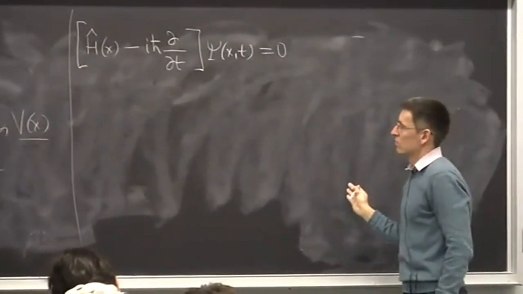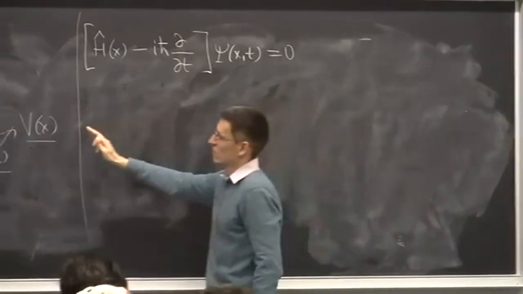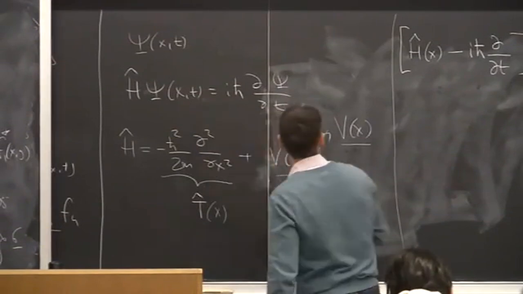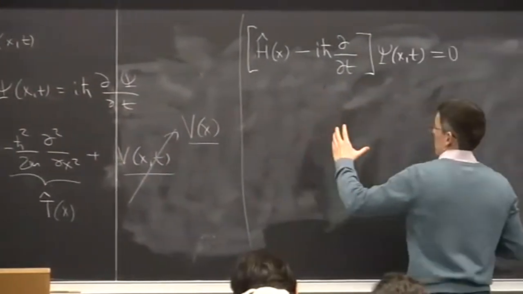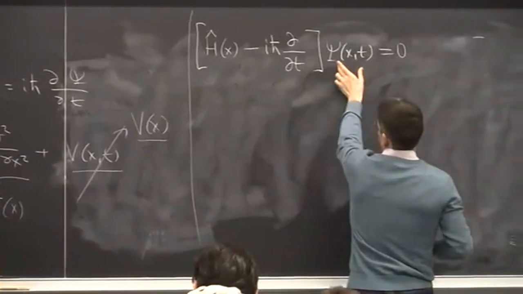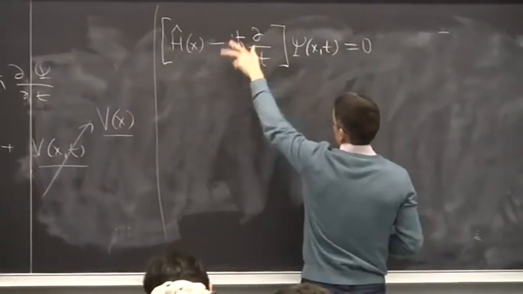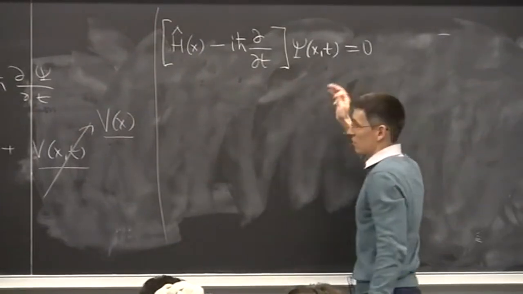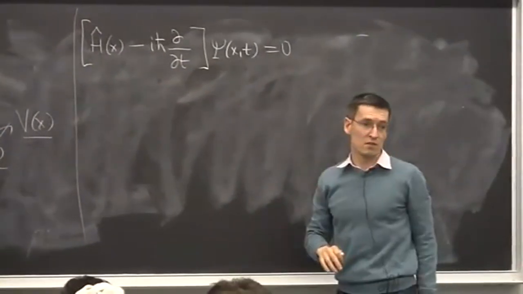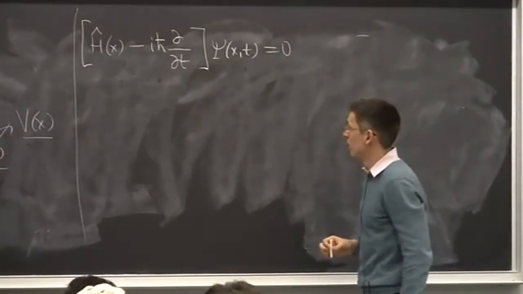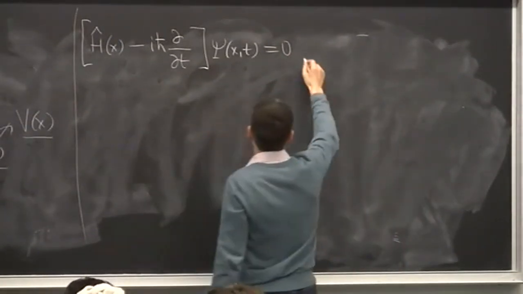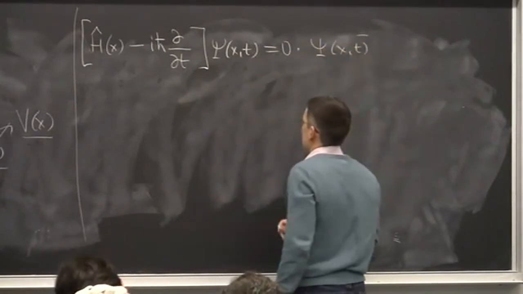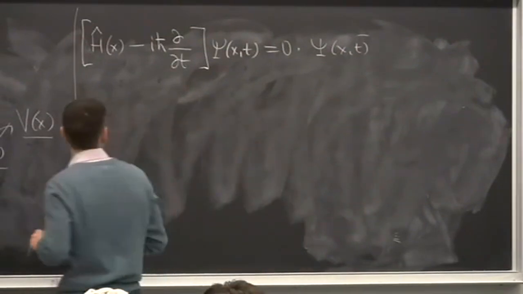So it's clear, right? So what I did is I moved the right-hand side to the left, and I wrote it as an operator of H acting on function psi minus an operator of T acting on psi, right? And since nothing is left on the right-hand side, then I can write 0, right? Okay, so also I can write this as 0 multiplied by a wave function. Why would I do that?